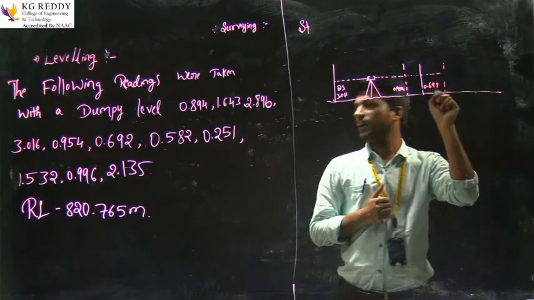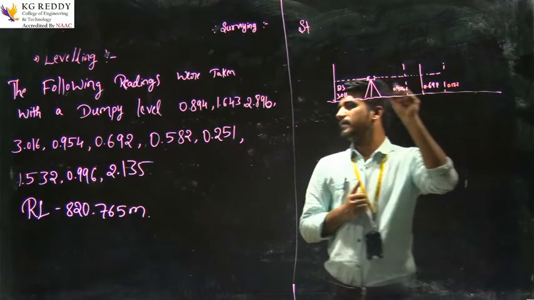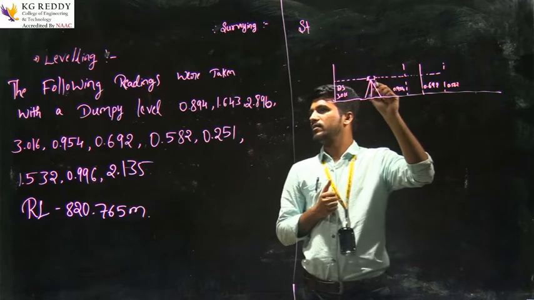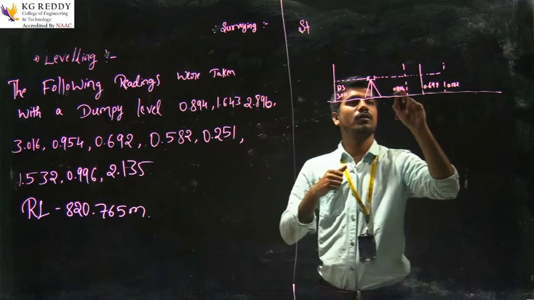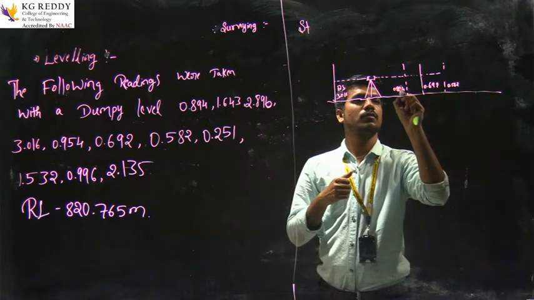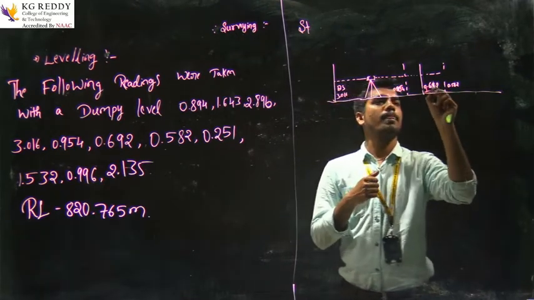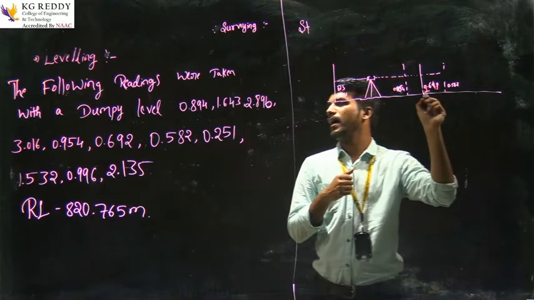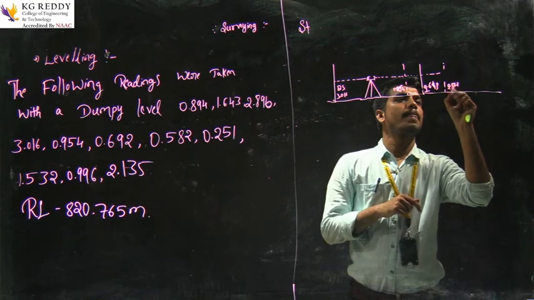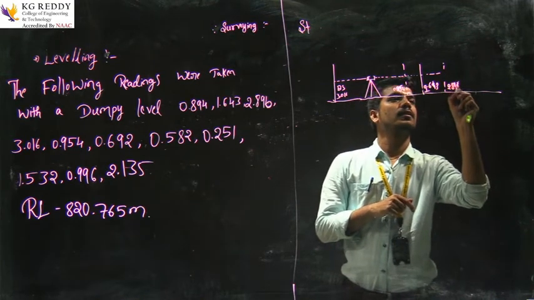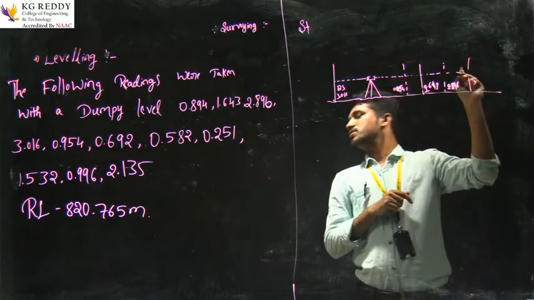Again 0.582, and the last reading 0.894, and 1.643, and the third reading is 2.896, and the last reading is 3.016.